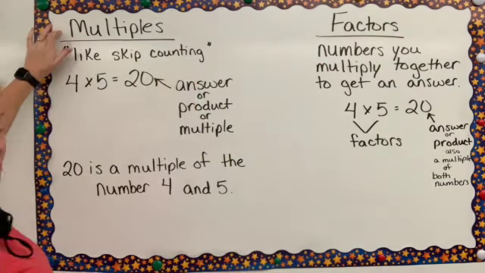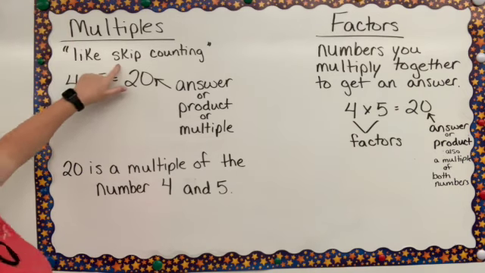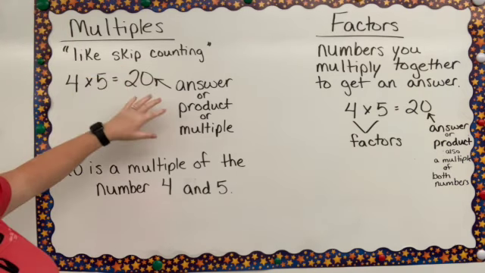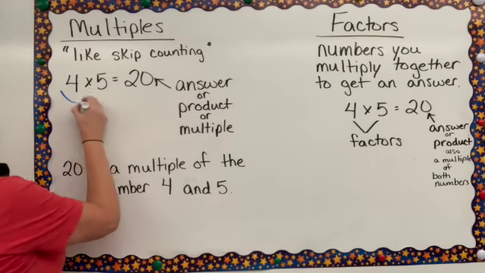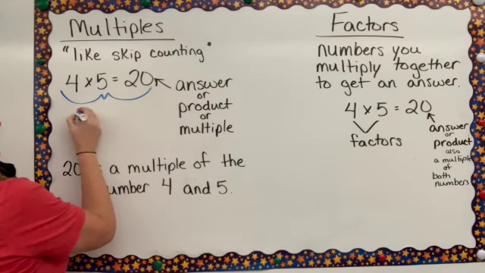So the multiples are like when you skip count. In this multiplication sentence, that's what this is called. This is called a multiplication sentence.